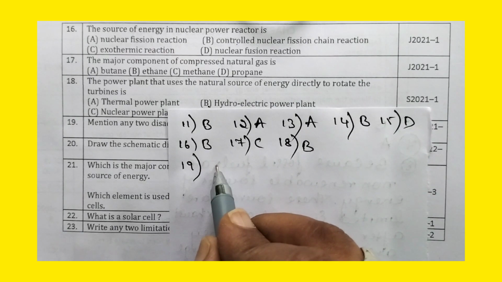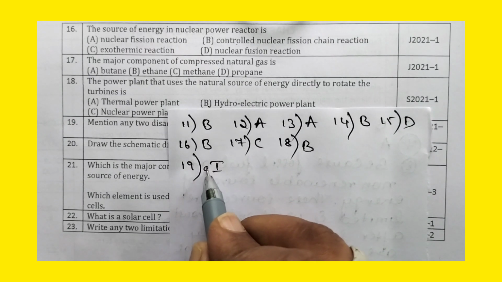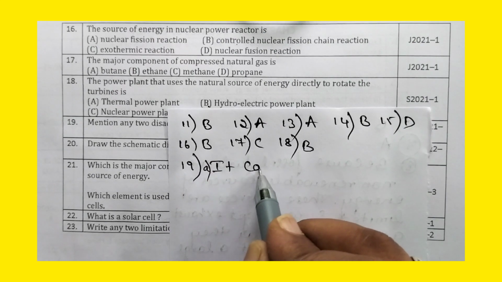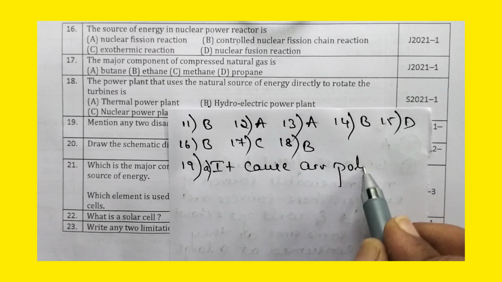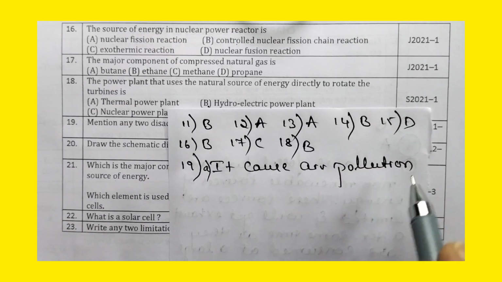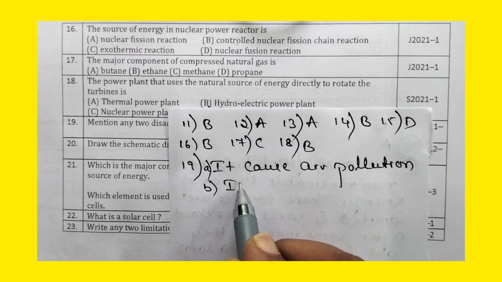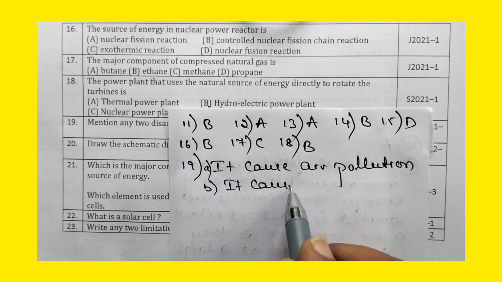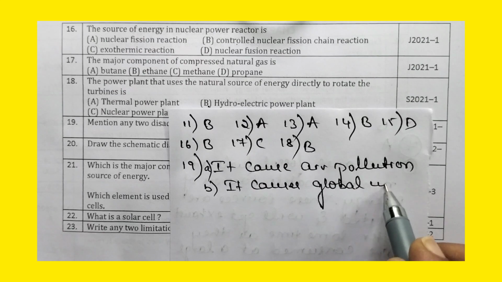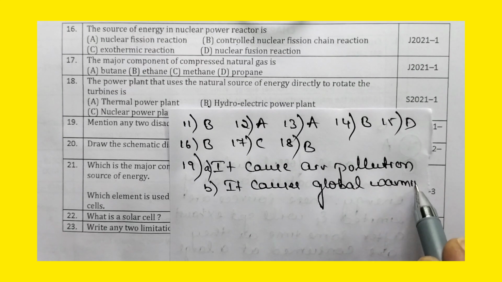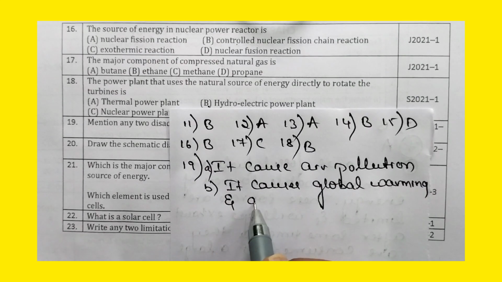For question number 19, the first disadvantage is that it causes air pollution. Second, it causes global warming and the greenhouse effect.